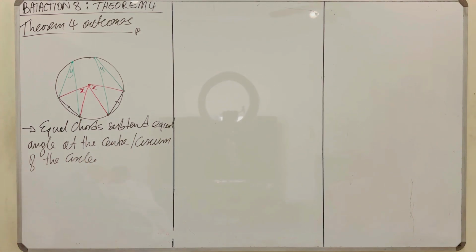Are you with me? So equal chords subtend equal angles in the circumference or the center of the circle.